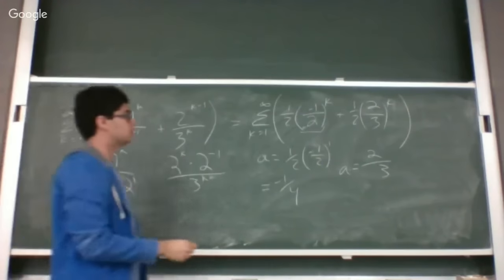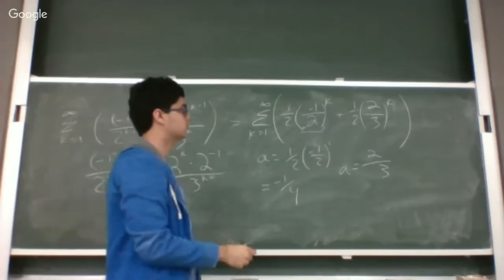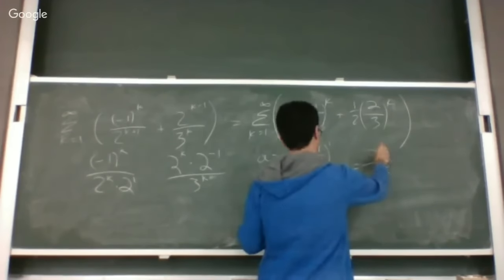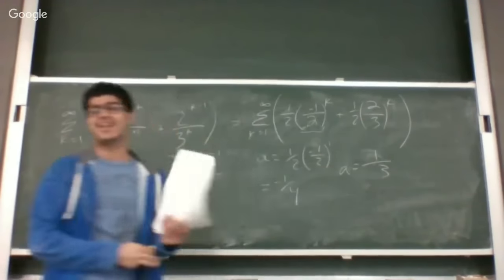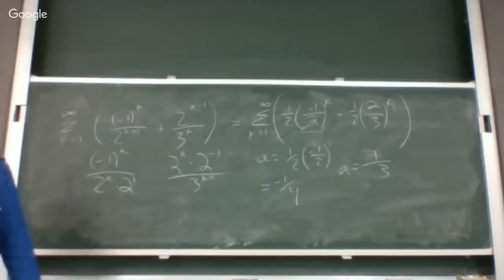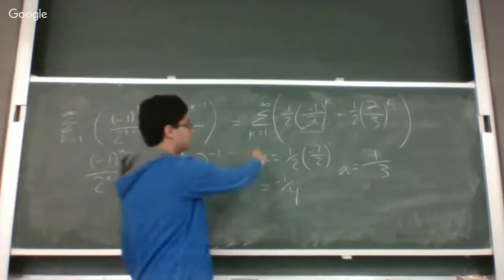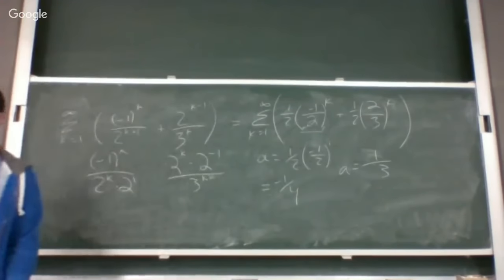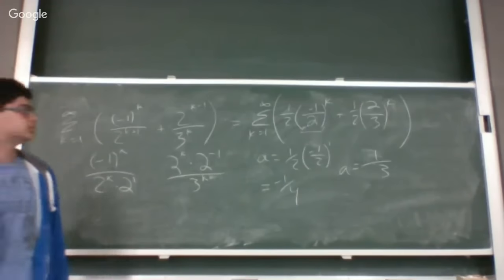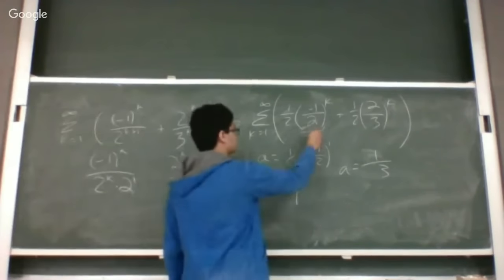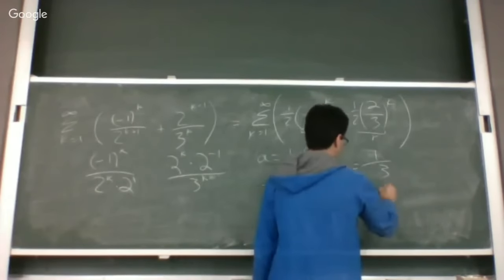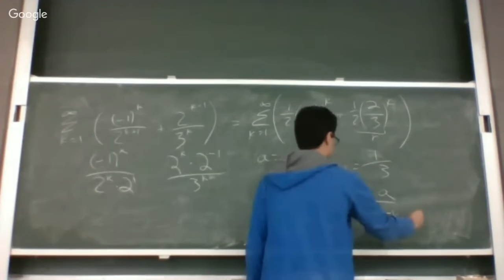Isn't it 1/2 times 2/3? It should be 1/3, right? There you go. Sorry about that. So that should be 1/3, because if you plug in a 1, you have 1/2 times 2/3. And then your R is still negative 1/2 for the first, and your R is 2/3 for the second. And then you still do the formula, A over 1 minus R.